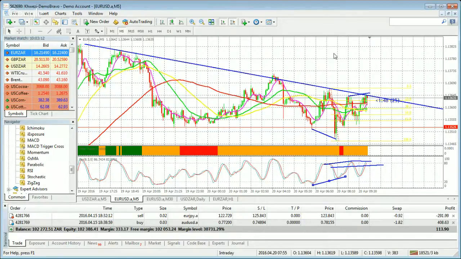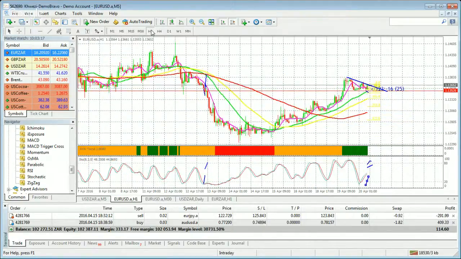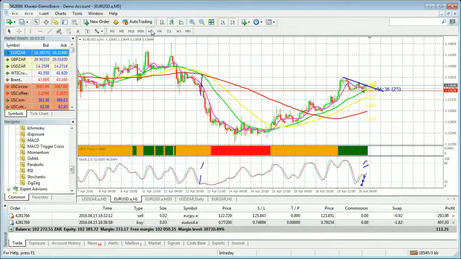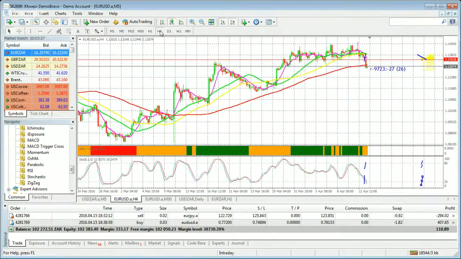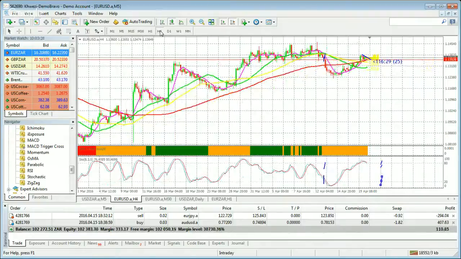Big push up to that level. Big divergence in the 4 hour. And this is just for interest's sake.